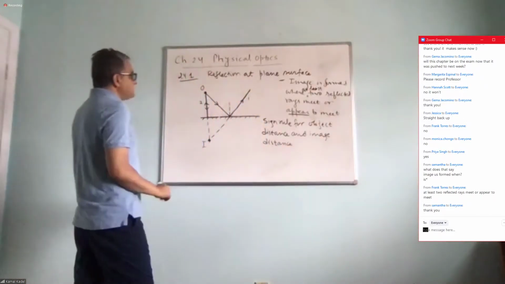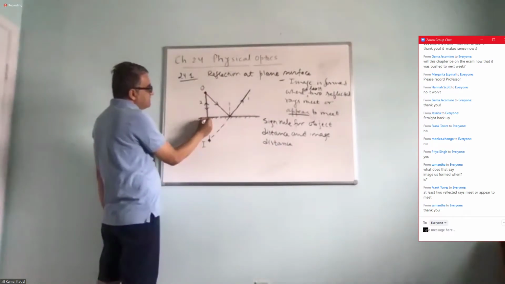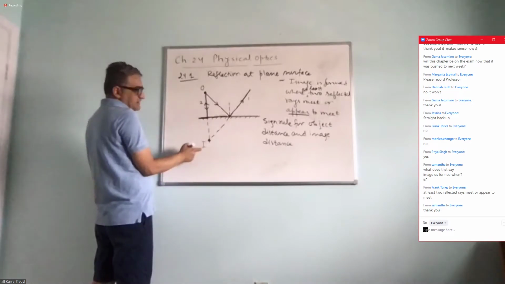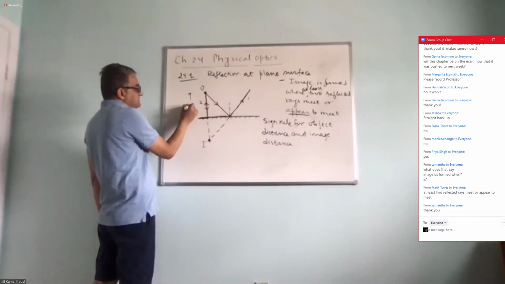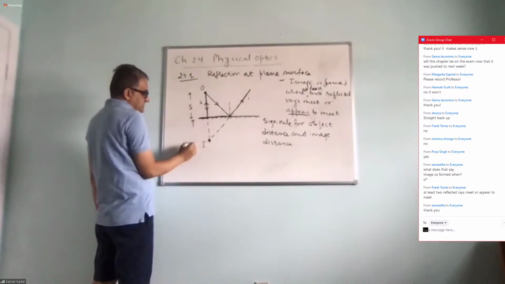So now let's define two things. Object distance is the distance from the mirror. Look here, from this, and then this distance from the mirror to the object. This is the object distance. This is written as S. And this is the image distance. This is S prime.